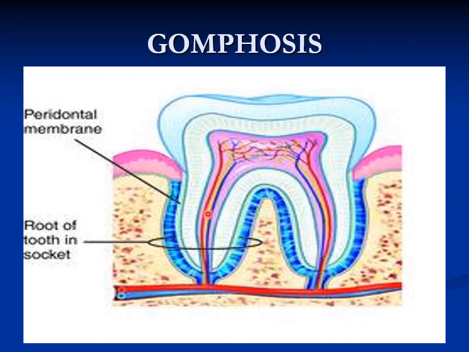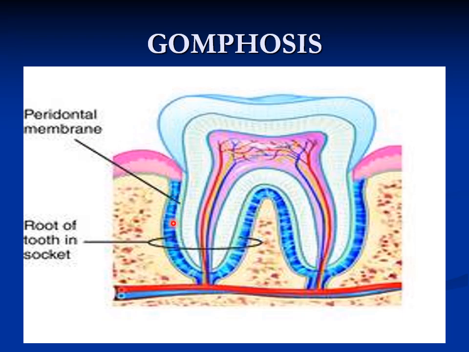So now what is the gomphosis? As you have seen, here a peg-like, tooth-like structure is fitted into a socket formed by the other bone. So one hard tissue, the tooth, is fitted into the alveolar sockets of the maxilla in the upper jaw and the mandible in the lower jaw, and these are united together by membranous tissue, the periodontal membrane.